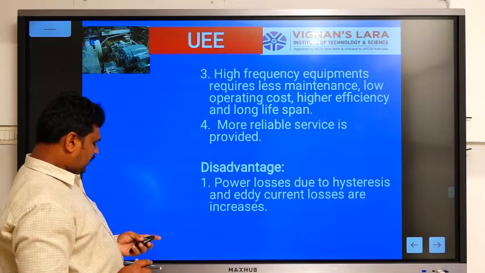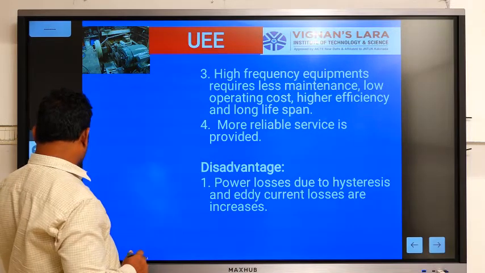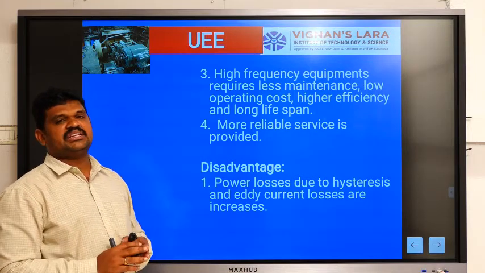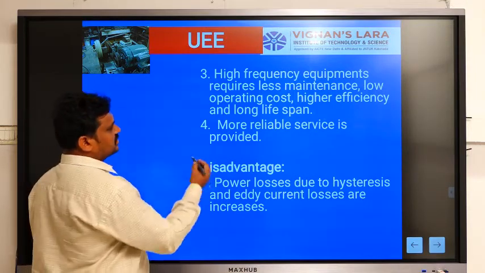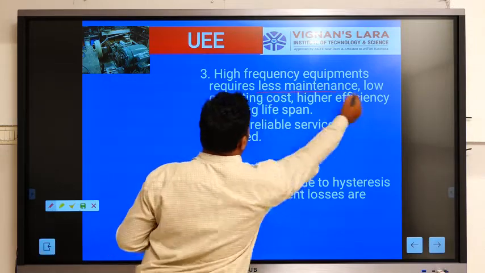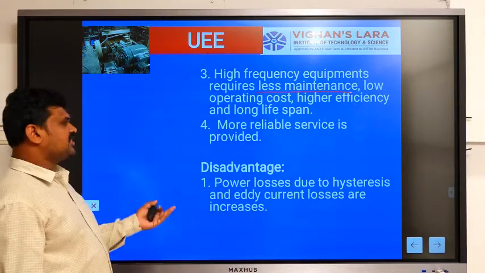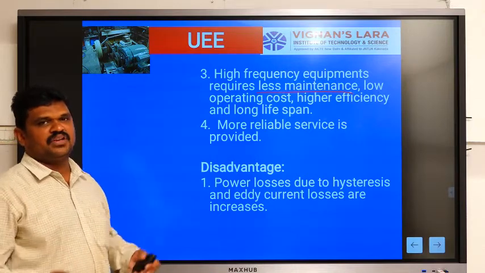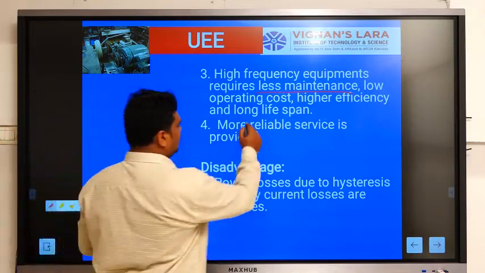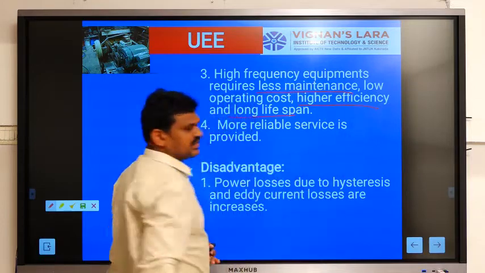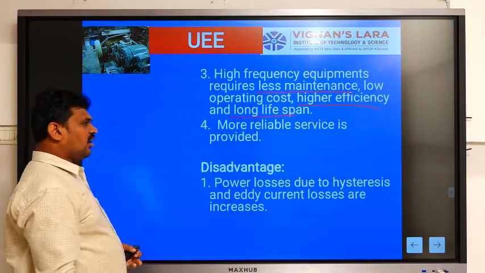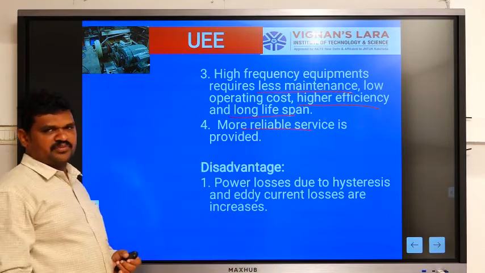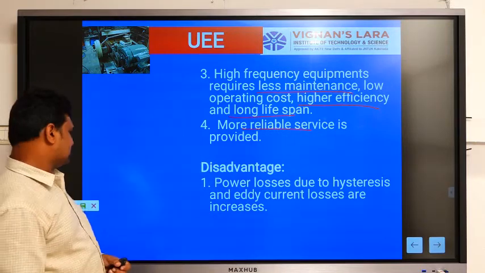And another one is, if the size decreases, the maintenance also decreases, and the space also decreases. The life of the equipment will increase, the efficiency also increases, and it is more reliable. You can provide more reliable services.